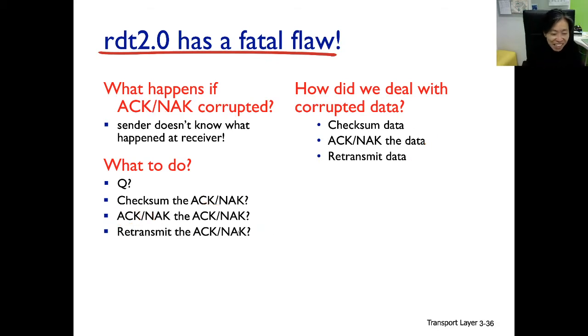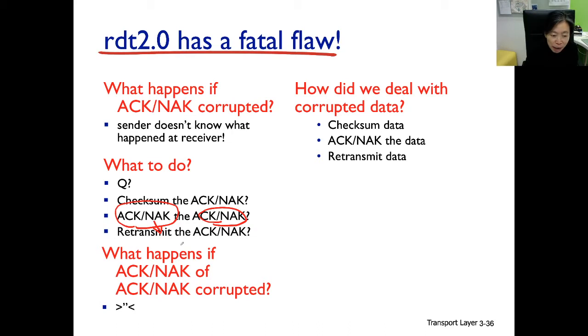But if you think a little bit further, how do we ensure that the ACK NACK for the ACK NACK is going to arrive back at the receiver? What if these are corrupted and therefore the receiver will not be able to tell whether the former ACK NACK being sent is corrupted or not?